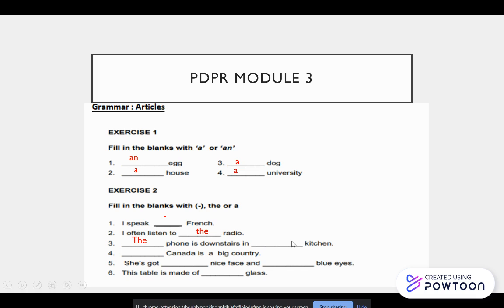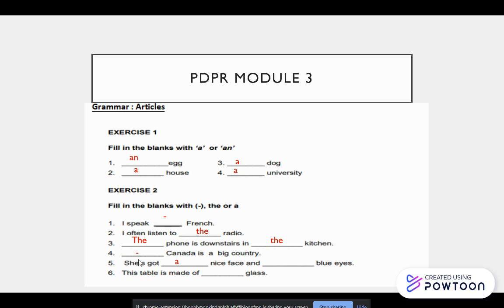The phone is downstairs in the kitchen. So this is definitely the specific article. We are talking about a particular phone in the kitchen. Here we do not have a, because we are talking about a country here, plural, specific country. So we don't have an article there.